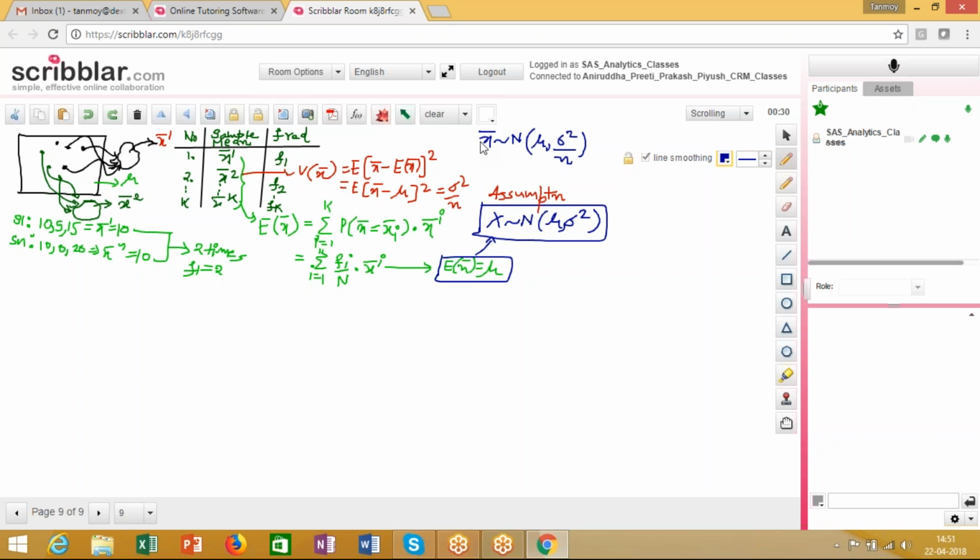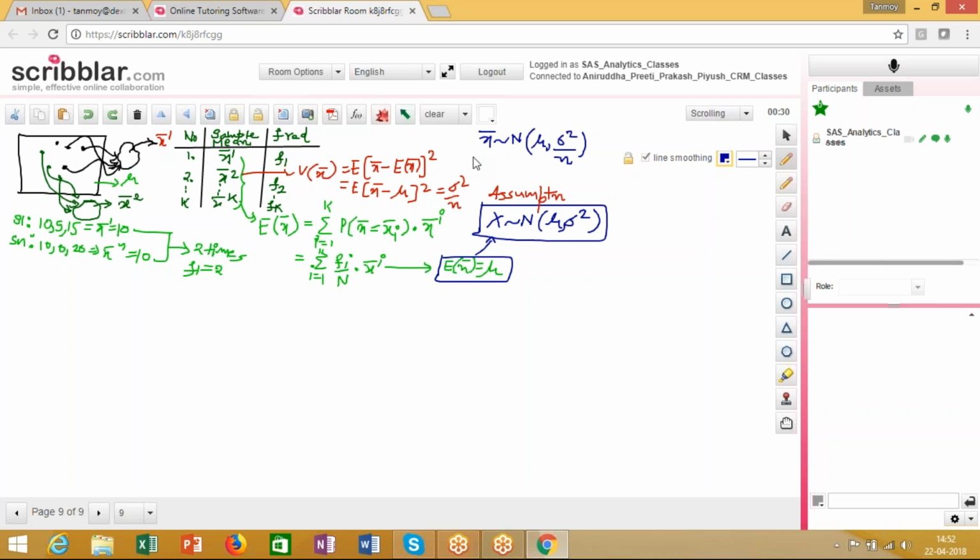So X bar follows a normal distribution with mean mu and variance sigma square by n, right? So what I can now see is that this X bar is not just a value, right?